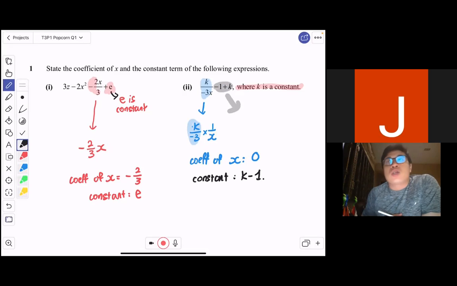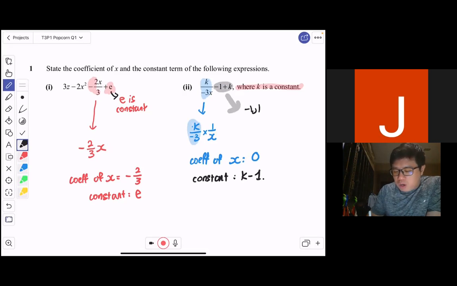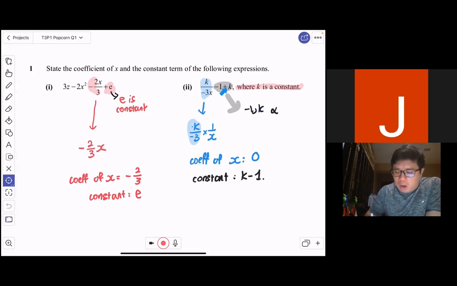Okay, it's actually k minus 1. A common mistake is that people write it as negative 1 comma k. This is wrong. Because if you're writing negative 1 comma k, are you referring to this one or this one? So negative 1 plus k, this whole portion here without any x attached to it, that is our constant. Okay. Thank you.